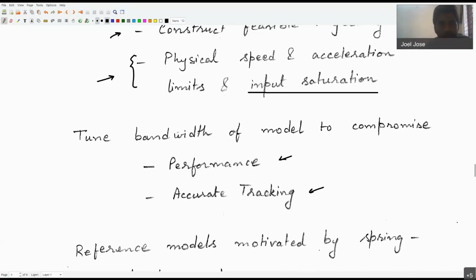Correct. Even any of the higher frequency content which is being provided, it will try to compensate for that. It will try to take them into account and make the desired trajectory track those higher frequency inputs, which means it is trying to give us higher performance. But that will lead to poor tracking because of the inertia of our vessel. We'll actually not be able to track those high frequency responses.